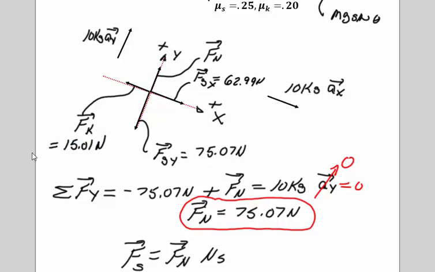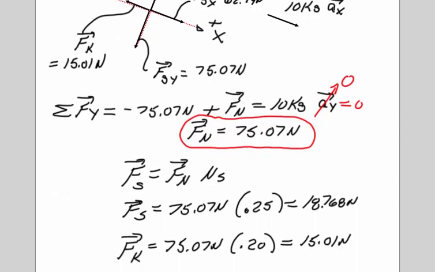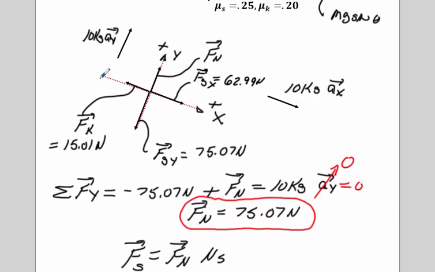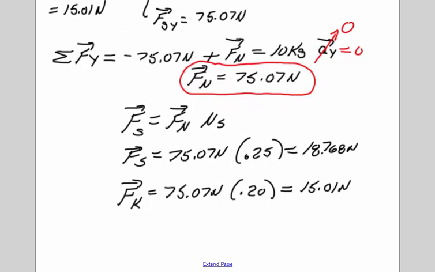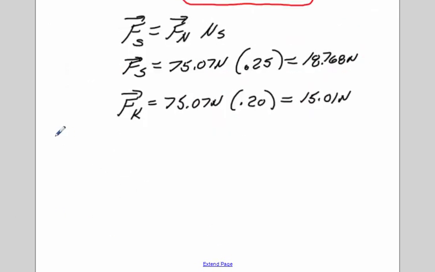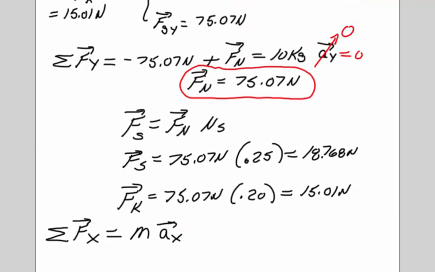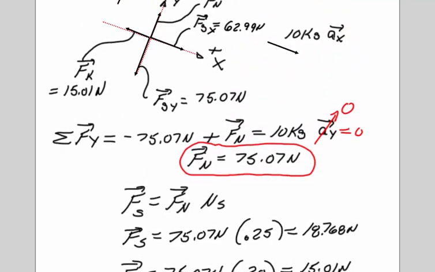Alright, at this point I'm going to sum my forces in the x direction and set it equal to mass times acceleration. Summation of forces in the x is equal to mass times acceleration in the x direction. And again, we've determined that if it goes down, we are going to let that be positive.